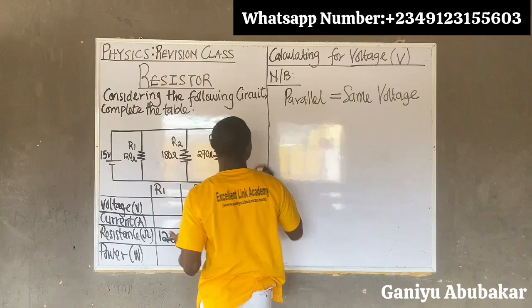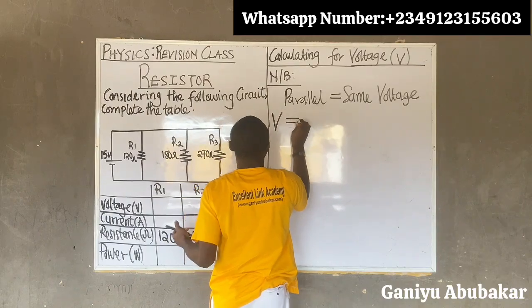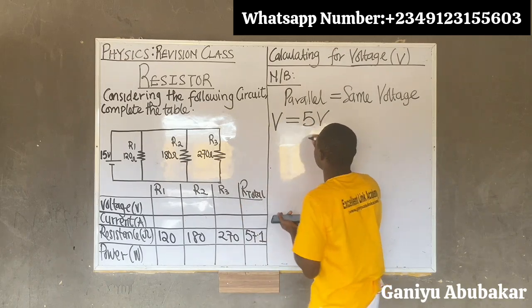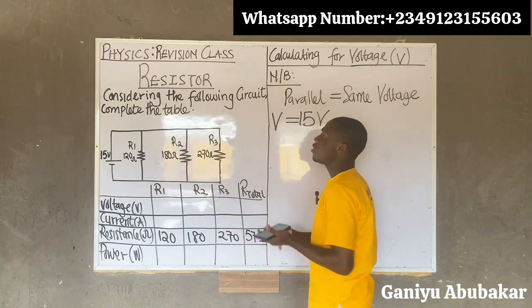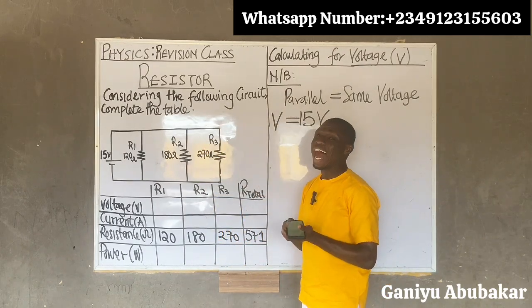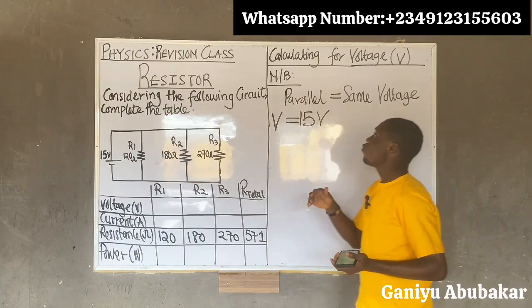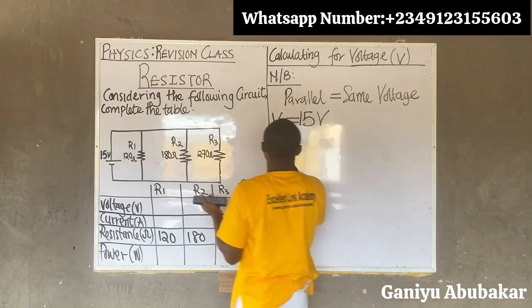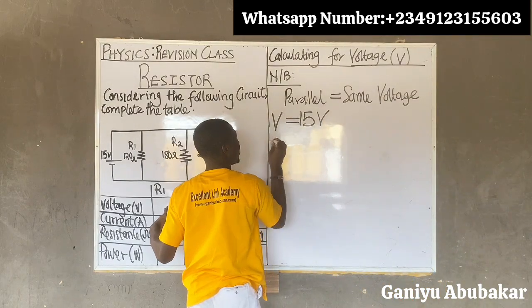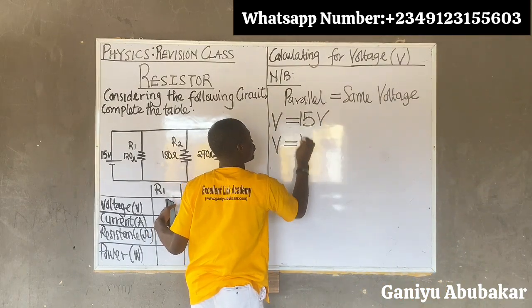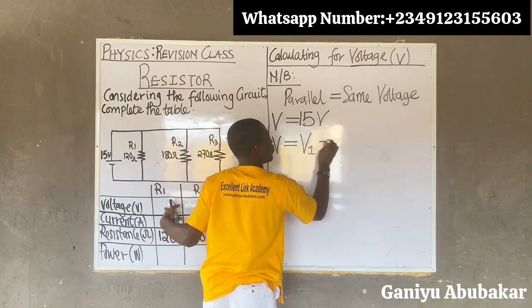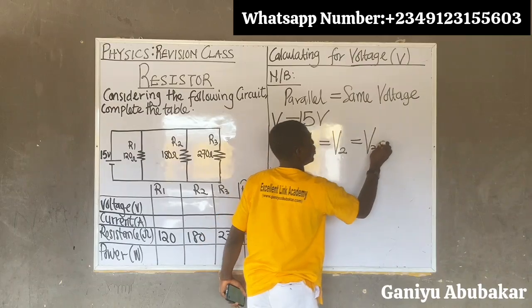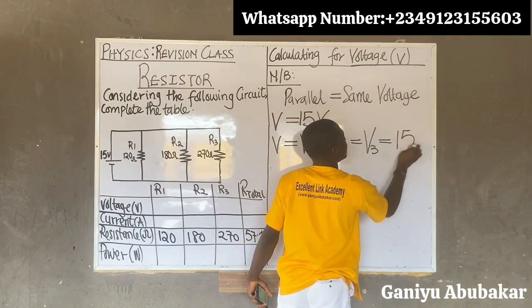So what's V in the question? V is 15 volts. But R1, R2, R3 are arranged in parallel, and we said when resistors are arranged in parallel, they have the same voltage. It means that V is equal to V1 equal to V2 equal to V3 equal to 15 volts.